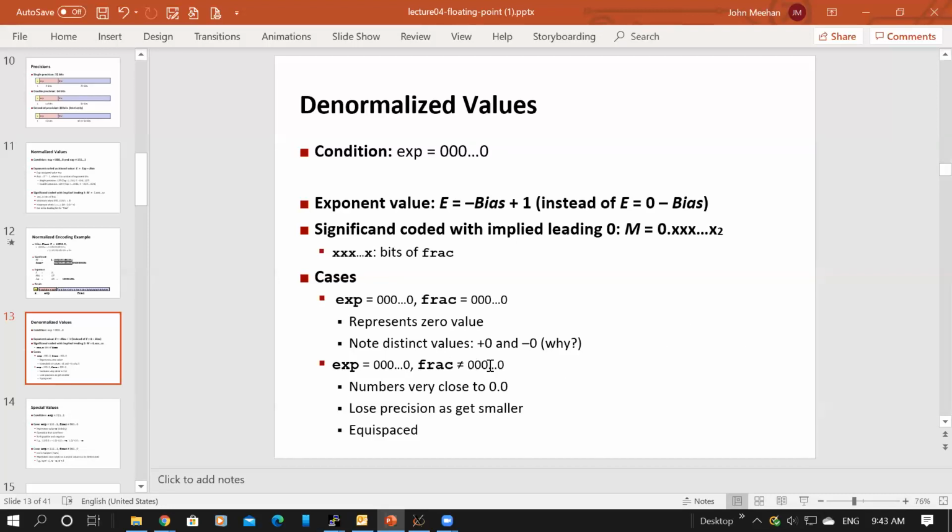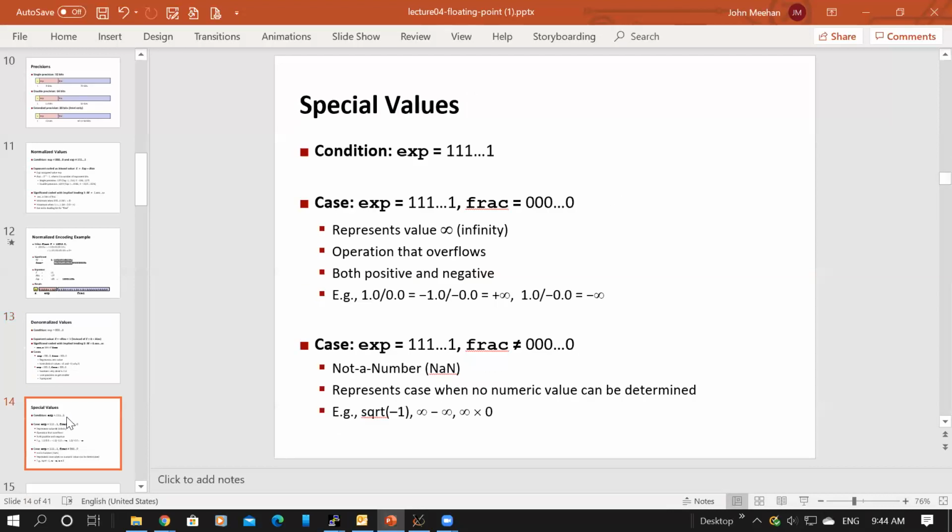Then you're tacking on whatever is in the 23 bits of the fraction. So that's a really small number close to 0, both plus and minus, depending on whether I flip the sign bit on at the beginning of the number. So there are numbers really close above 0 and numbers really close below 0. We'll look at the properties of this in a second.